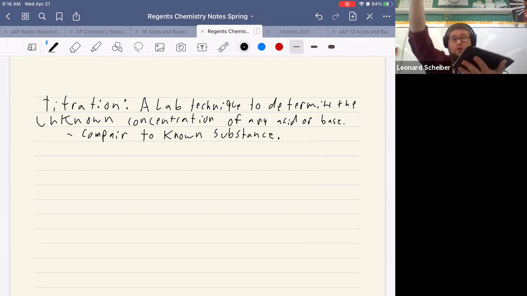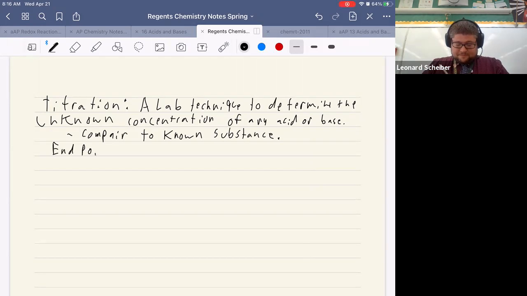So, two important points in our titration. There's something called the end point. Whenever we're mixing an acid and a base together, we always use a pH indicator. So in titrations, we use pH indicators. The end point is the point where the indicator changes color.